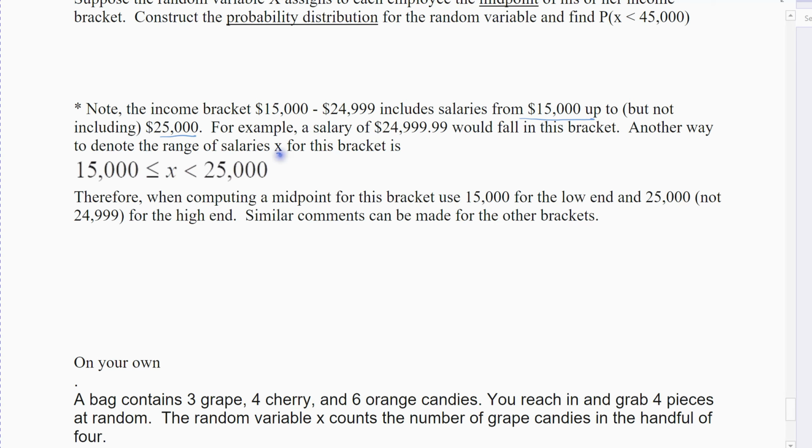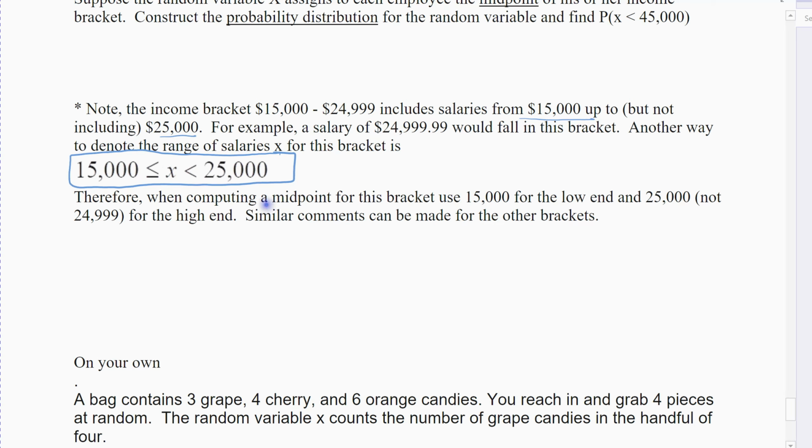And so what it really means is this is our range. My x values in my first bracket, and this is true for all of them, they just give you the example in the first bracket, is I can have a salary between $15,000 and $25,000, including the 15 where I start, but not including the 25. But I can go up to as close to the 25,000 as I want.